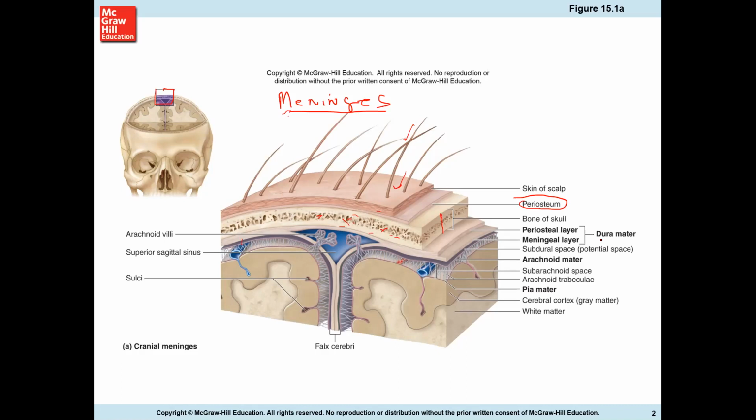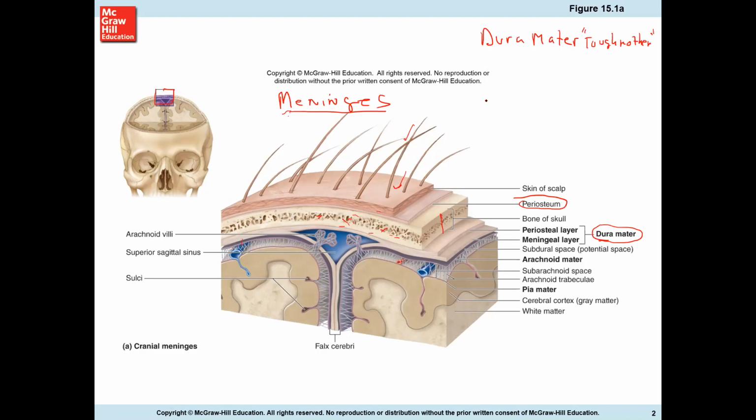It's only one layer. So the top layer, outermost layer, is the dura mater. And that means tough mother. Like my mother's a tough mother, dura mater.